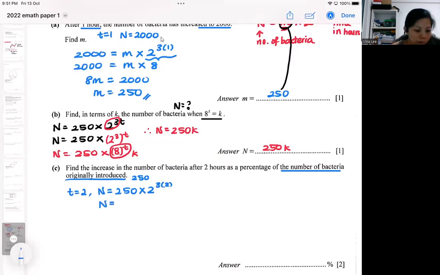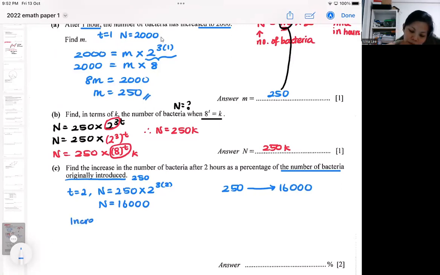So when I put it into the formula, you just have to punch calculator. So in 2 hours, the bacteria has grown to 16,000. That means, you think about it, initially it was 250, then it grew to 16,000.